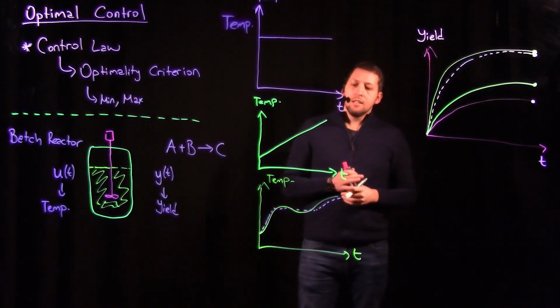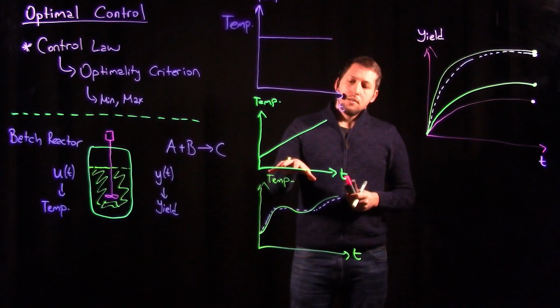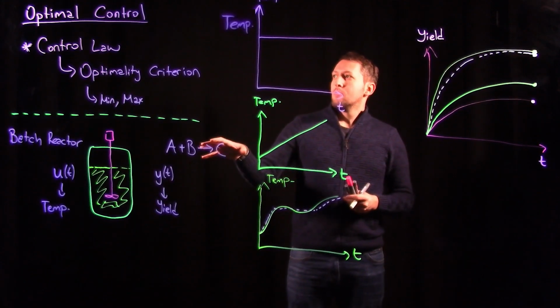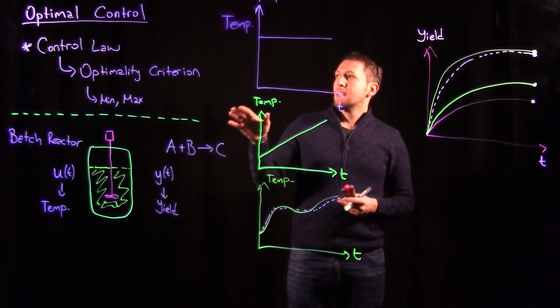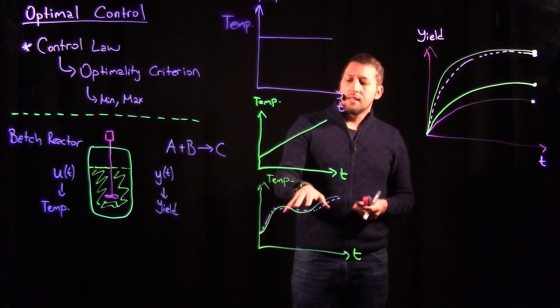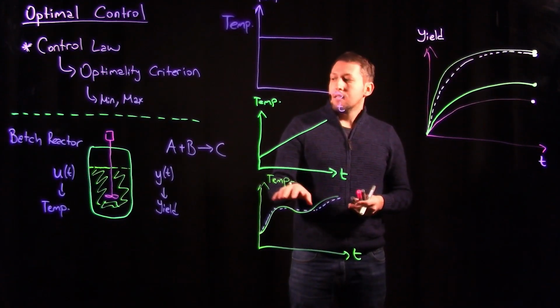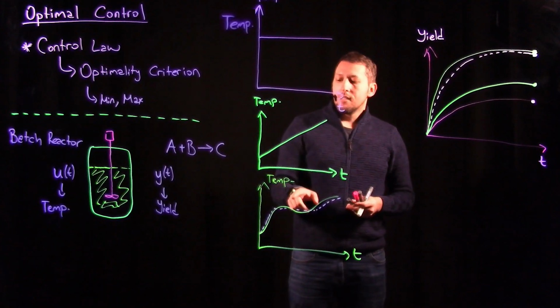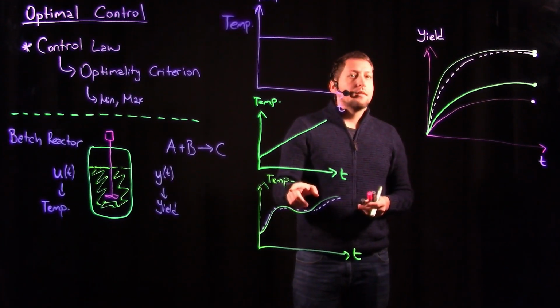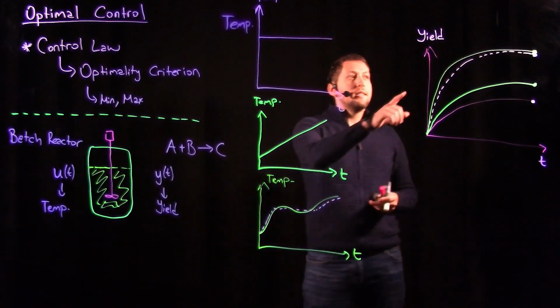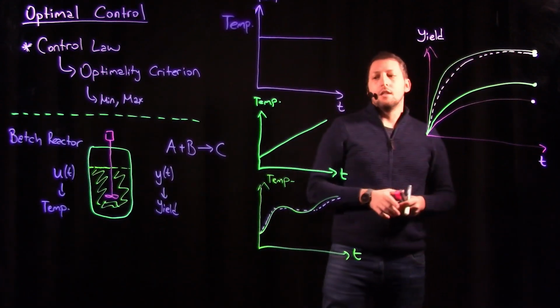Okay, so in this lecture, we are going to dig deeper into the problem formulation so that we can set the optimal control problem, and at the end, we can get the control law that gives us the best temperature input curve that yields the best yield value here.